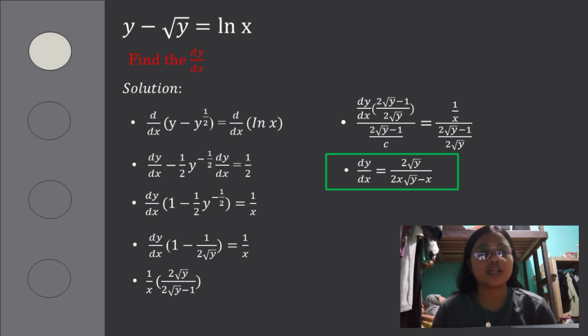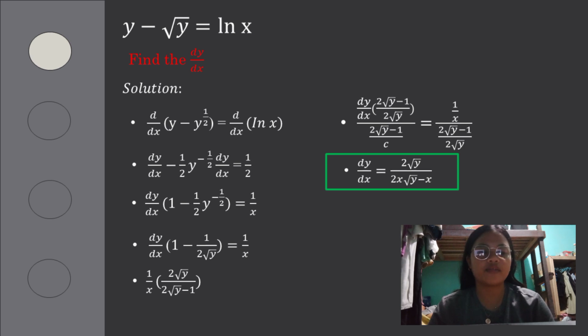So, ato ang i-transfer ang 1x, so mahimo siyang 1x times 2 square root of y over 2 square root of y minus 1. So, to find dy over dx, we need to cancel like terms. So, mahimo siyang dy over dx 2 square root of y minus 1 over 2 square root of y all over 2 square root of y minus 1 over 2 square root of y equals 1 over x all over 2 square root of y minus 1 over 2 square root of y.